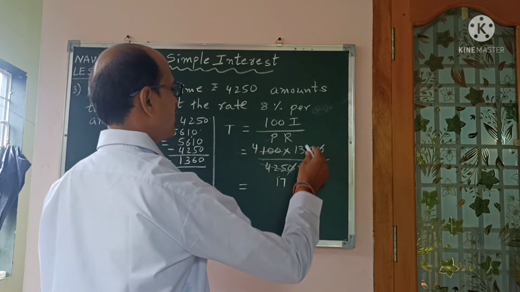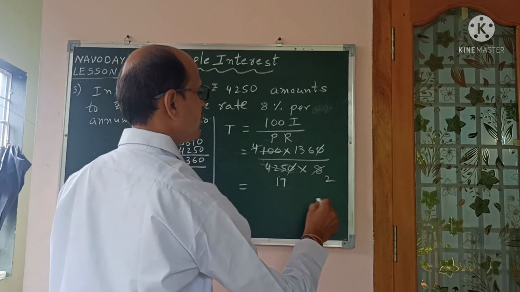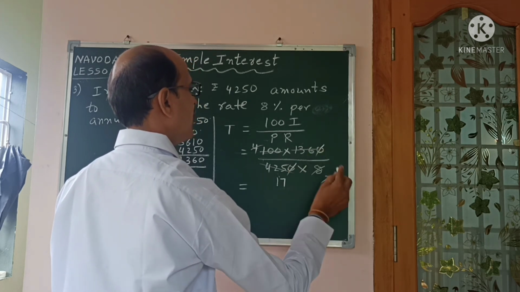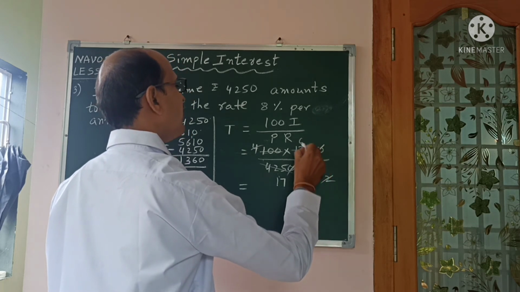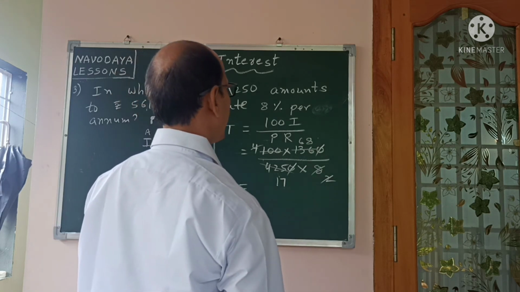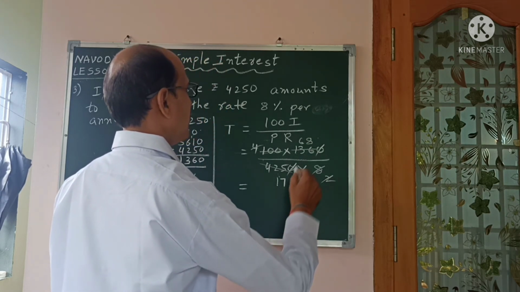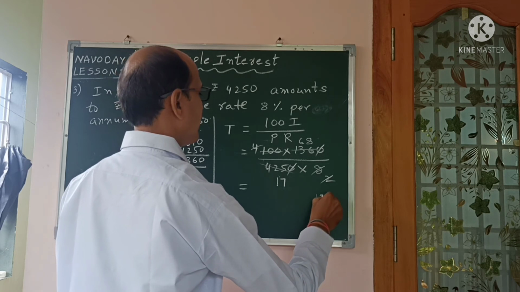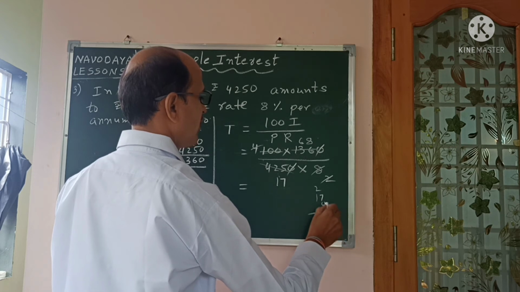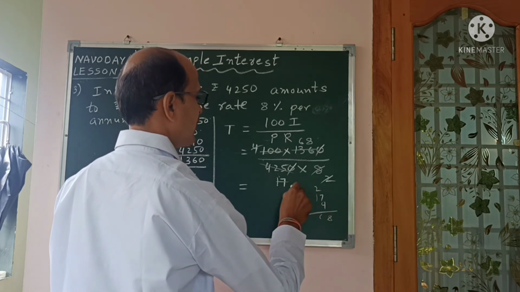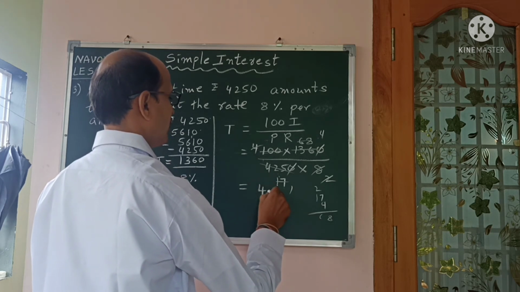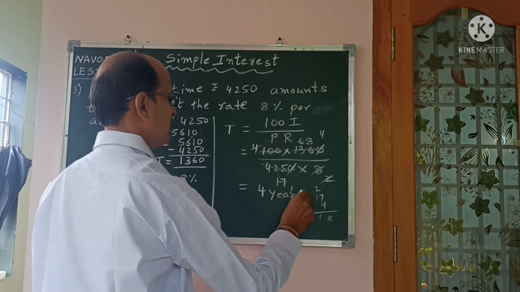Now cancel the 2 table. Cancel the 2 table again. 2 6 12. 2 8s. 17 table you can cancel. 17 fours. 4 7s 28. 17 ones are 17, 17 fours. So we got 4. Time is 4 years.